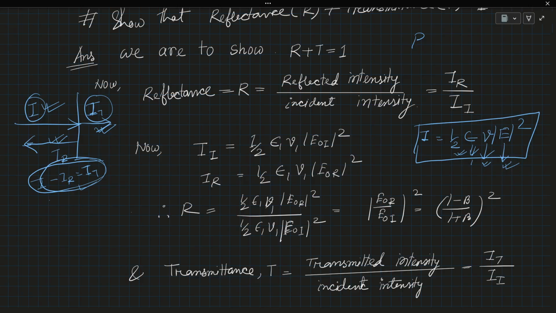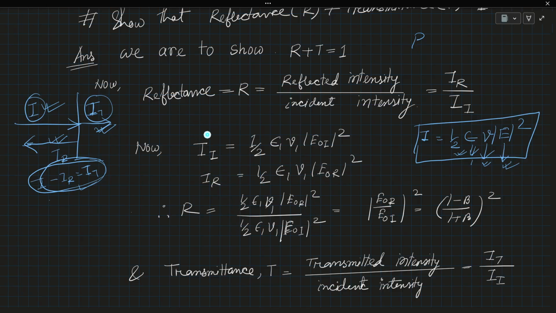So for the incident wave, I can write II equals half of epsilon 1 V1 EOI squared, since the incident wave is in medium 1, magnitude squared. Similarly, the reflected wave is also in medium 1, so half of epsilon 1 V1 EOR squared.